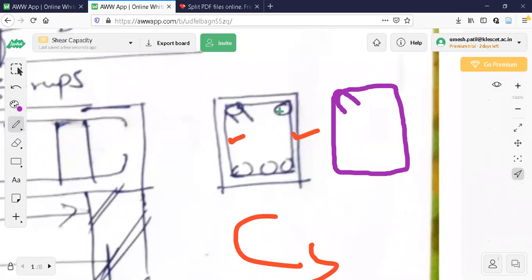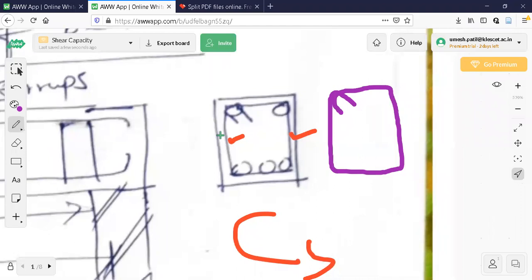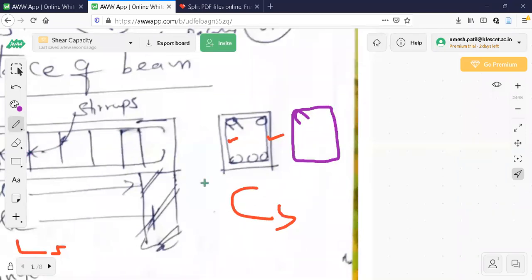Now these two bars are extra bars which are used to tie these stirrups like this. While pouring the concrete, I want these stirrups to be in position like this. They should not get displaced. That is why I need to tie these vertical stirrups everywhere along the length. That is why these two extra bars are used.